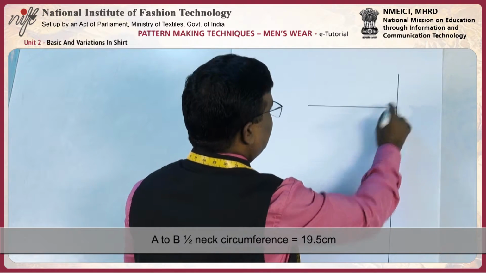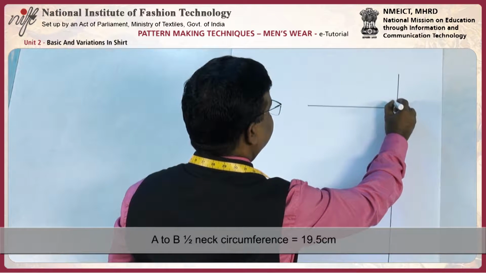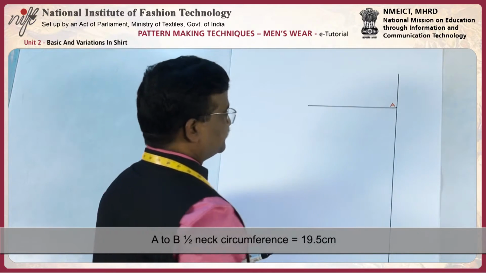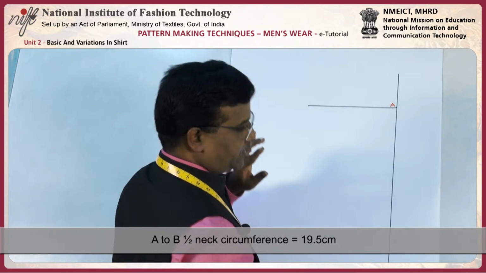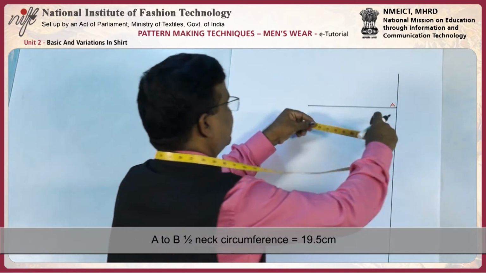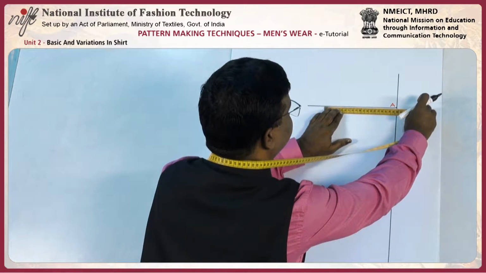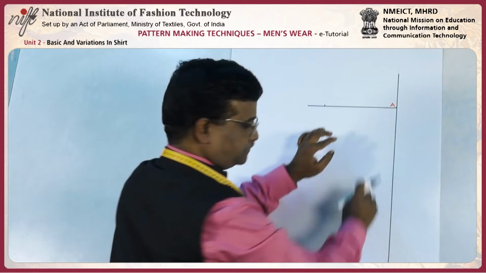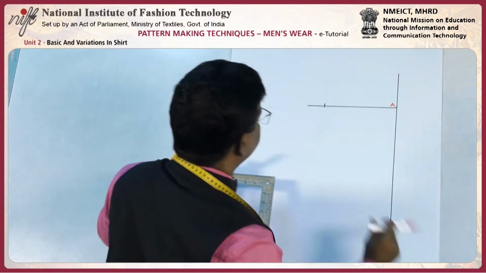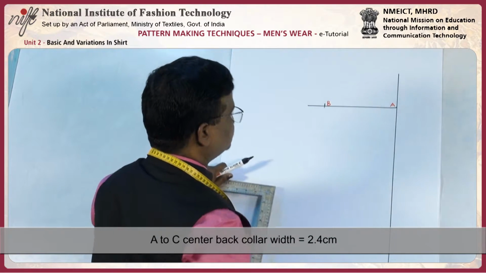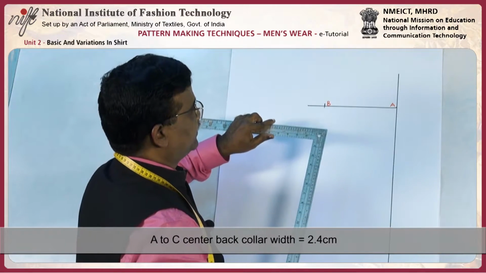Label this as A. A to B, half neck circumference, 19.5. A to C, center back collar width, 4.7.